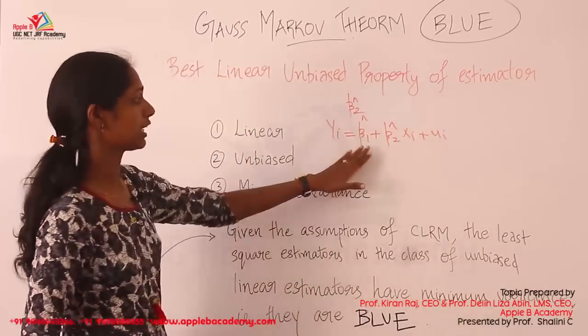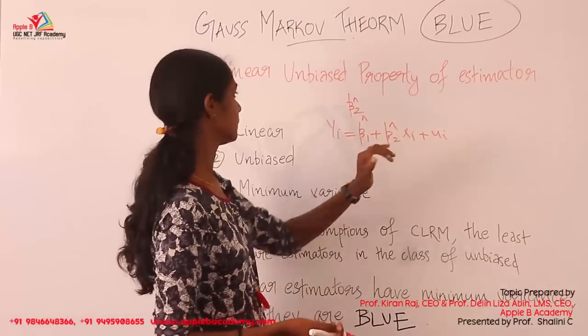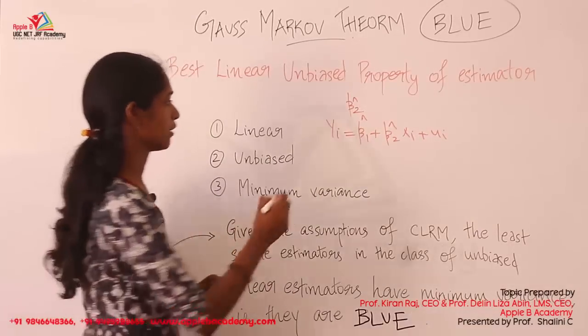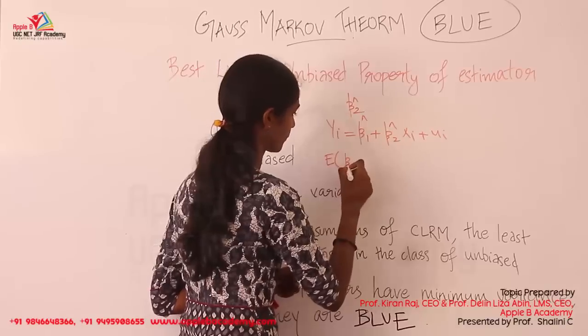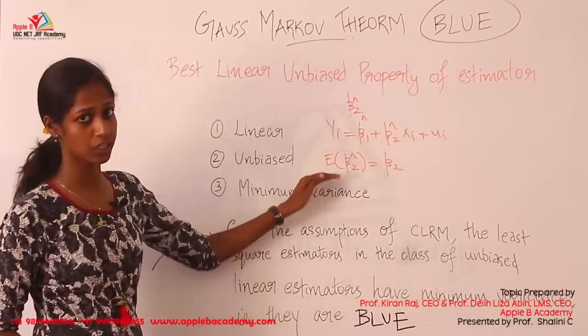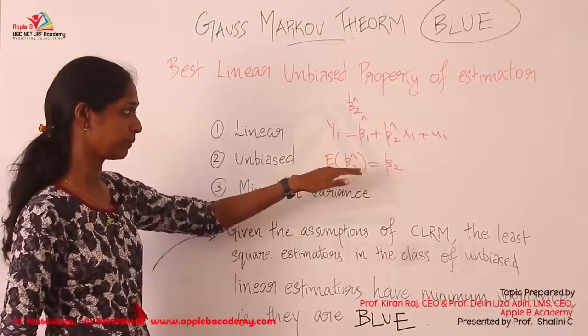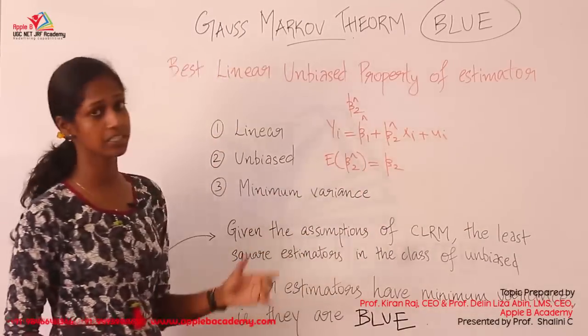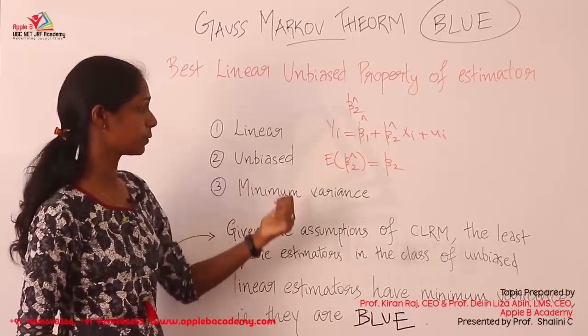So in this classical linear regression model, beta 2 cap is linear. It is said to be unbiased if expectation of beta 2 cap is equal to beta 2. That is, the expected or average value of the estimator beta 2 cap is equal to the true value of beta 2. In that case, the estimator beta 2 cap is said to be unbiased.